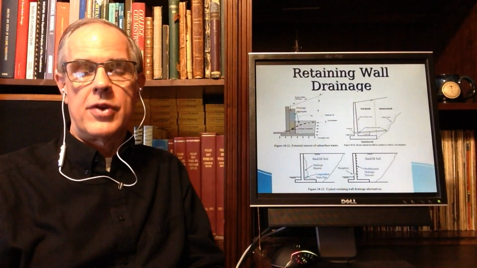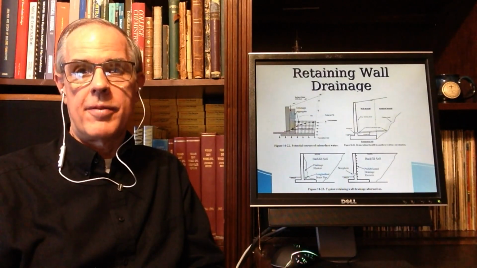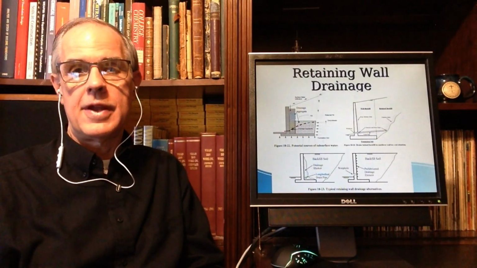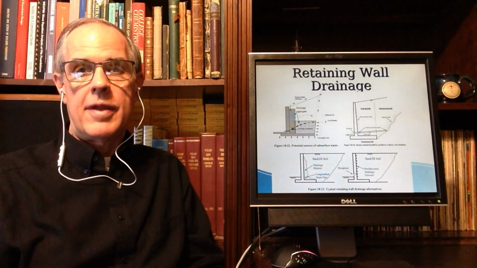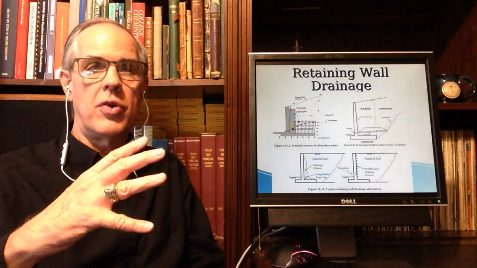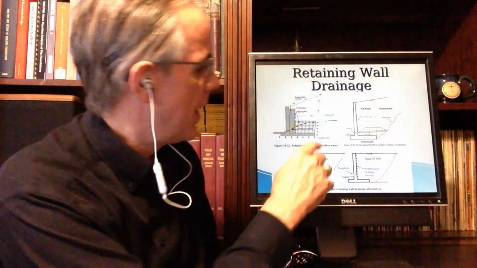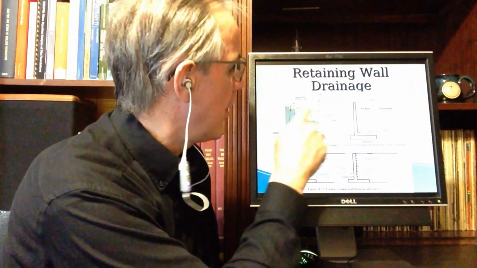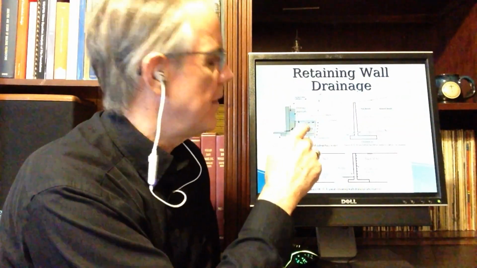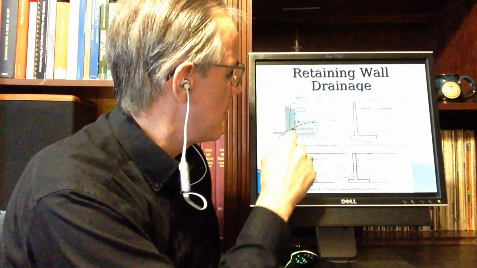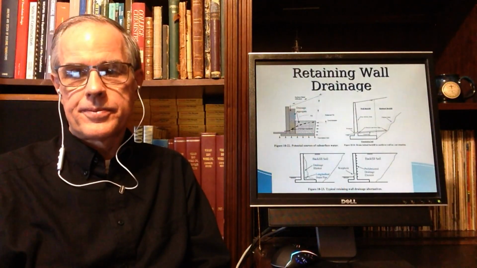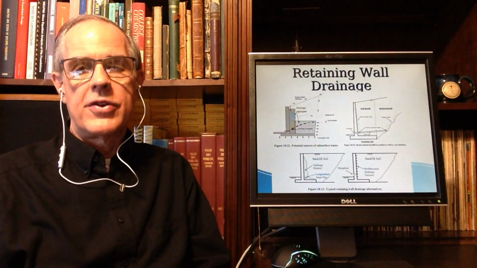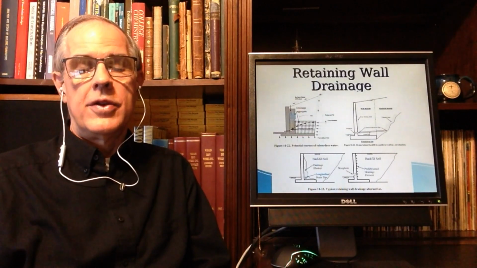You would have a filter with it. We talked about filters in Dirt 610, which can be either soil, geotextile, or both. That basically shortens the drainage path from a relatively impervious cohesive soil into a very pervious cohesionless soil. And these are good strategies to use.